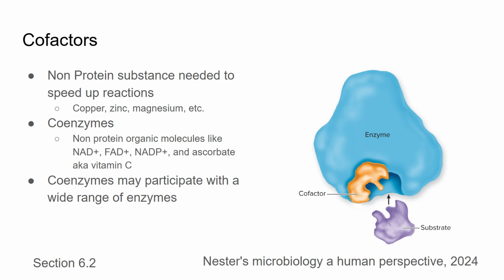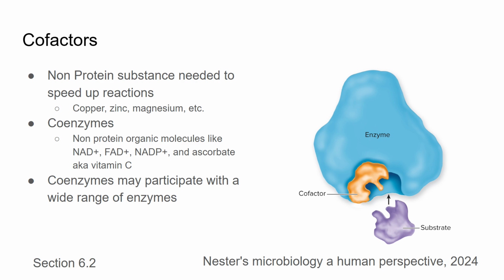This one's going to be an organic molecule, so this would be like the NAD, the FAD, or the NADP. But another one that you might know about is ascorbate, also known as vitamin C. This is a cofactor needed, and if you don't get it, you could develop scurvy as a human. So enzymes may not be able to function without their cofactors or coenzymes.